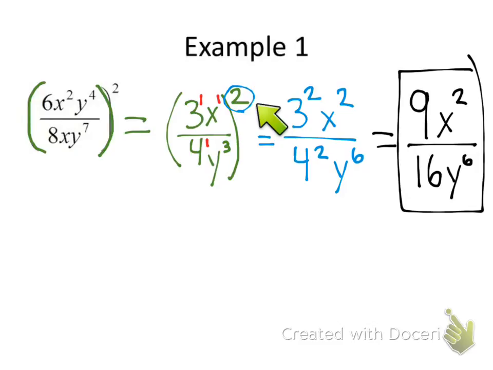I multiplied all those exponents by 2. That got rid of the parentheses and the exponent on the outside. So everything was being squared. So I multiplied all those exponents of 1 by 2. I multiplied the exponent of 3 by 2. That gave me this expression. And then I did 3 squared, which gave me the 9. 4 squared, which gave me the 16. What are your questions?